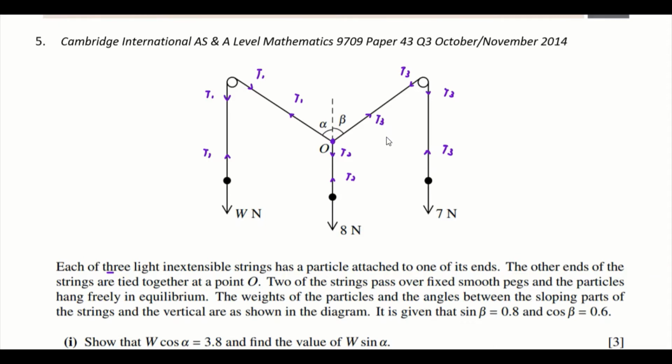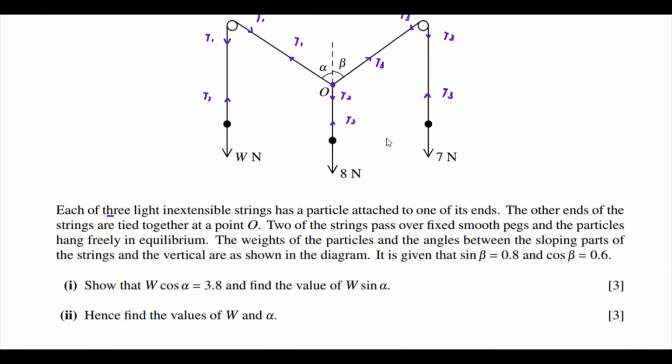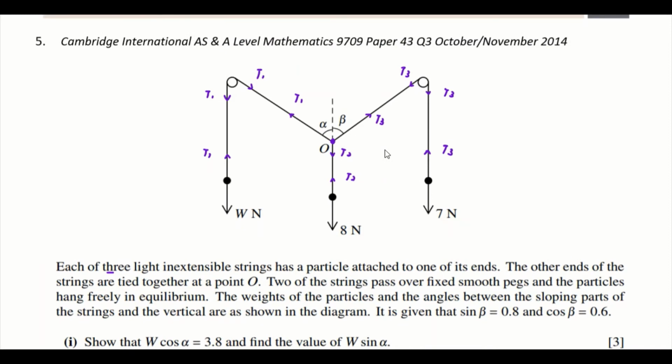Okay, so the part that we will be looking at is actually there are four parts. So I hope that you can see this in this diagram. So the first one is that, we know that all the particles hang freely in equilibrium, which means that by looking at this part, this part, this part, we can actually get some of the tensions.